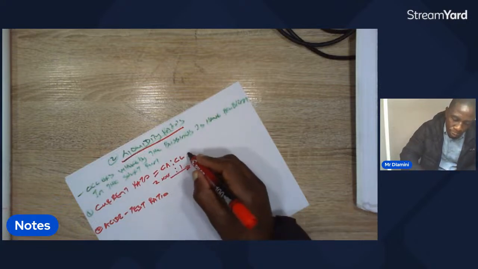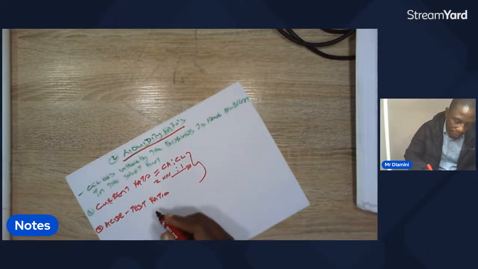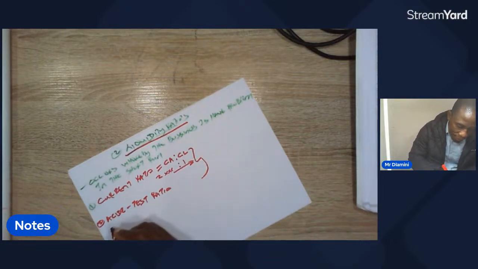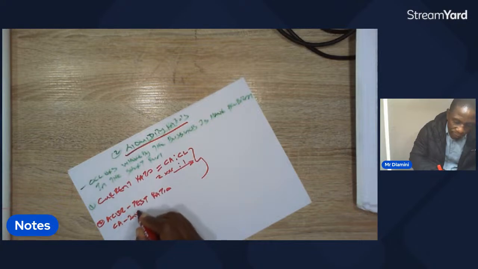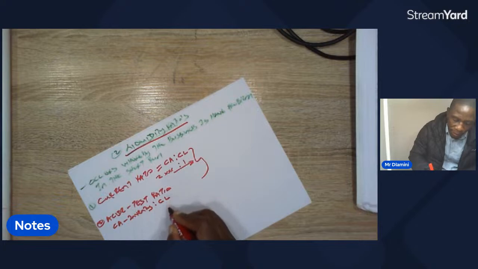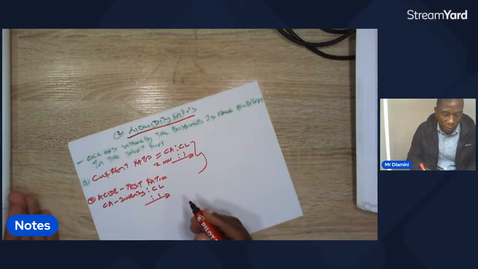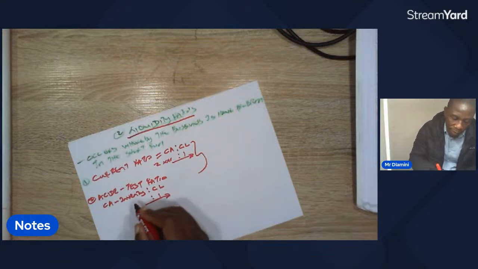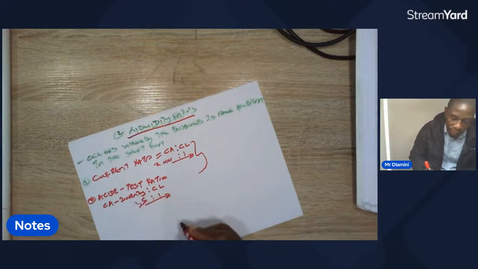Okay, because lawa awu-2 they are friends. Right, formula ya la ithi current assets minus inventory is to current liability. So the answer nakhona la ubala only i-prefix, i-suffix is 1. Mhlambe here 1,5 is to 1.